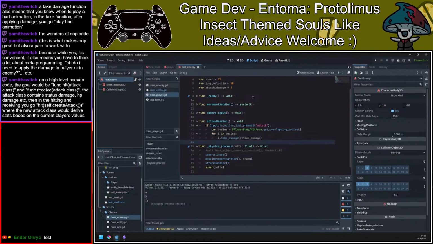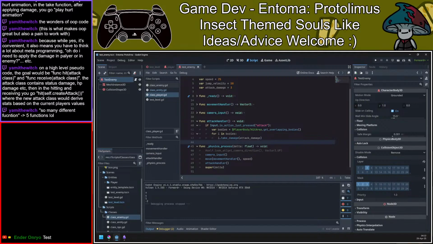The goal would be function hit, attack class, function receive it, status damage. I'm sorry, brain. Class attack class contains status damage, health damage, etc. Then in the hitting and receiving hit. Okay, I don't know what's happening with my brain right now. I'm not following any of this. It's just words going in one side and out the other.